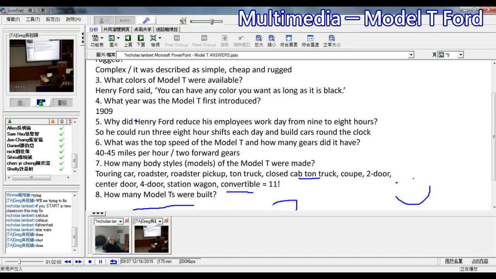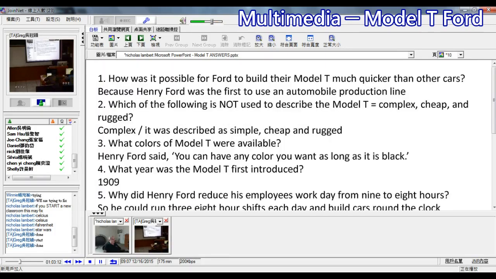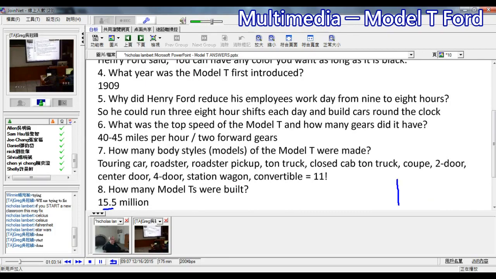How many Model Ts were built? Hi, dear. Hi, Nicholas. I'm Dear. 15.5 million. 15.5 million.